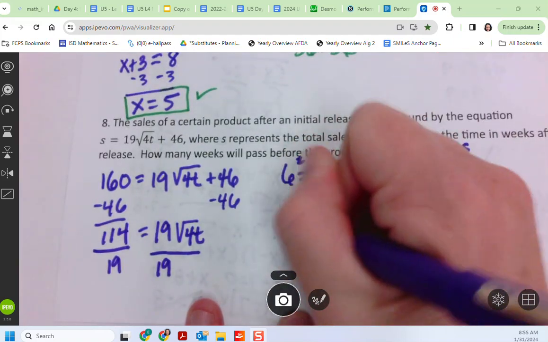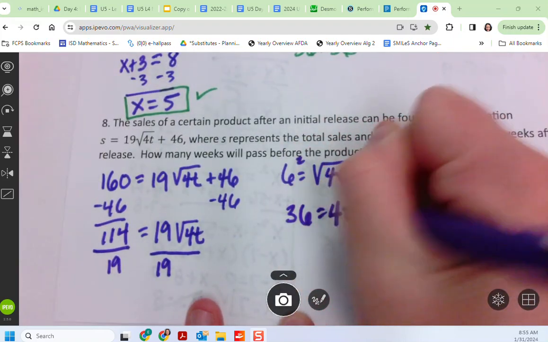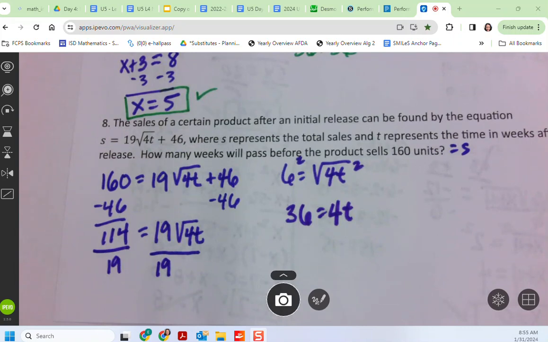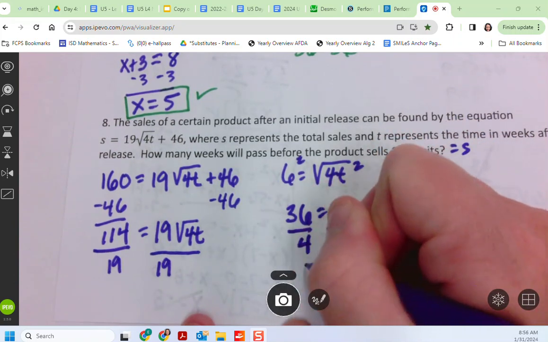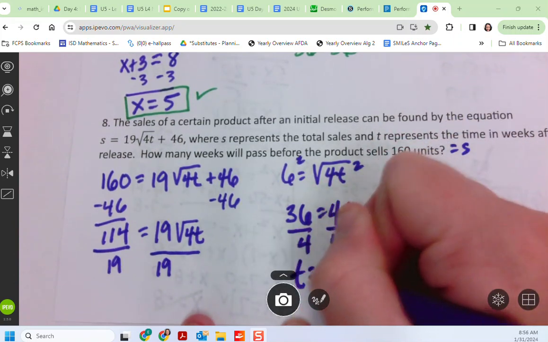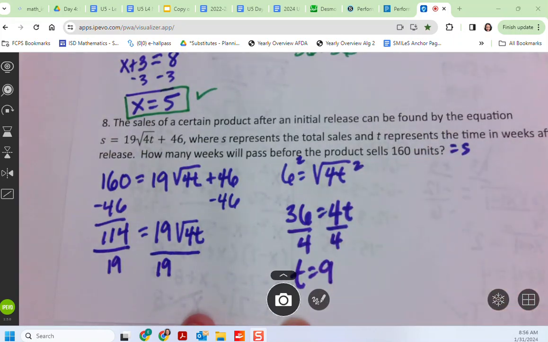And then I'm going to solve for t by dividing. So I found that t is equal to 9 what? So t represents what? The time in weeks, so 9 weeks.